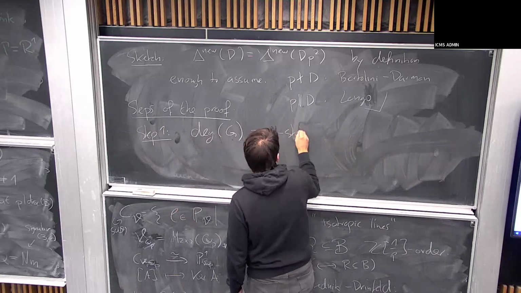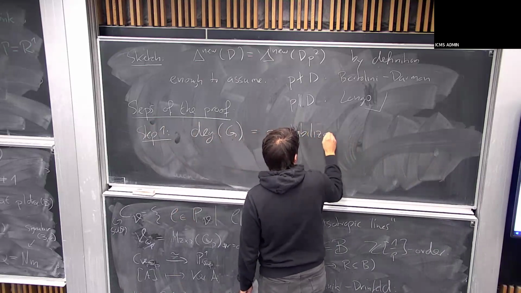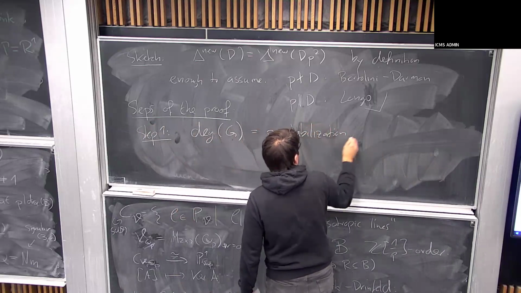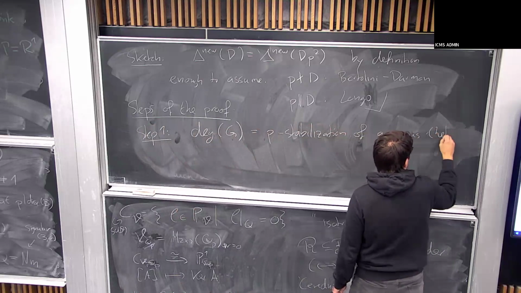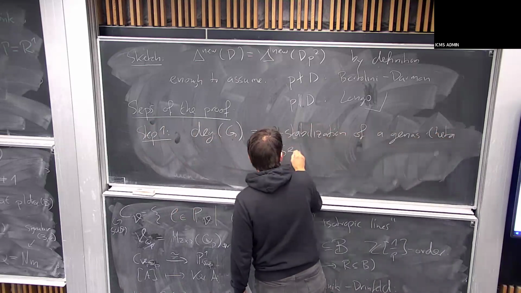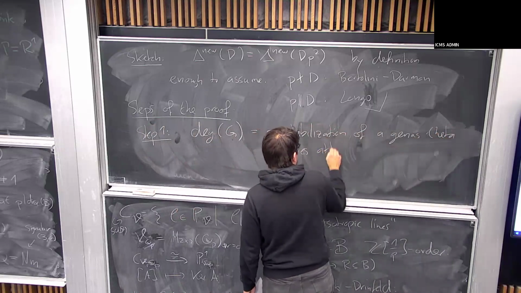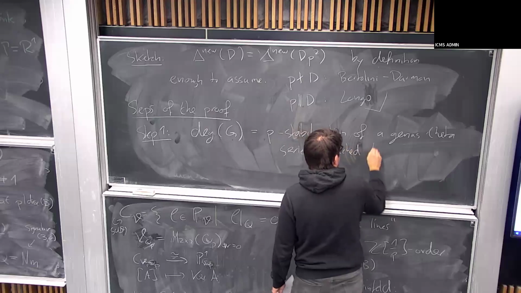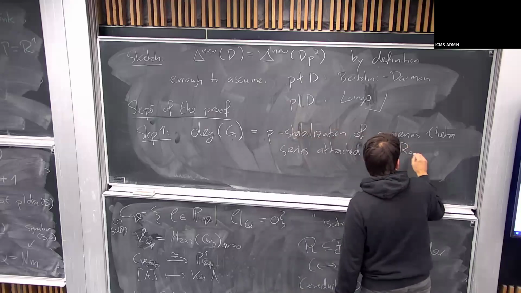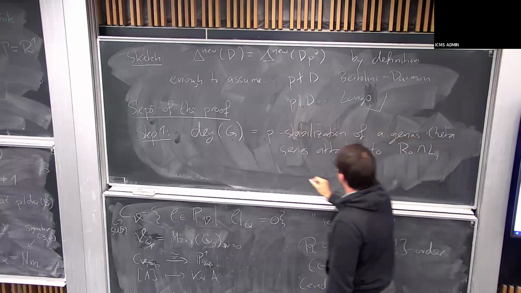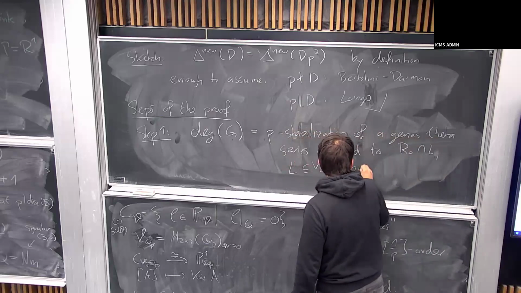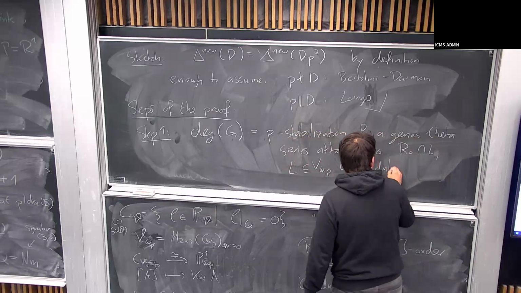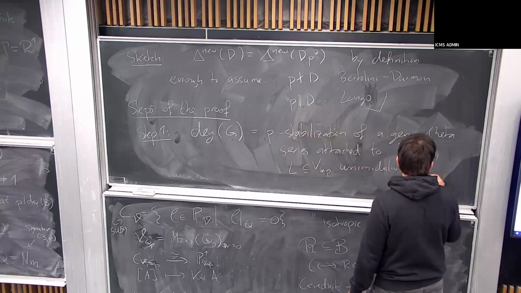This is a p-stabilization of a genus theta series attached to your R0 intersected with L, where L is in V_Qp, the unimodular V_p lattice.